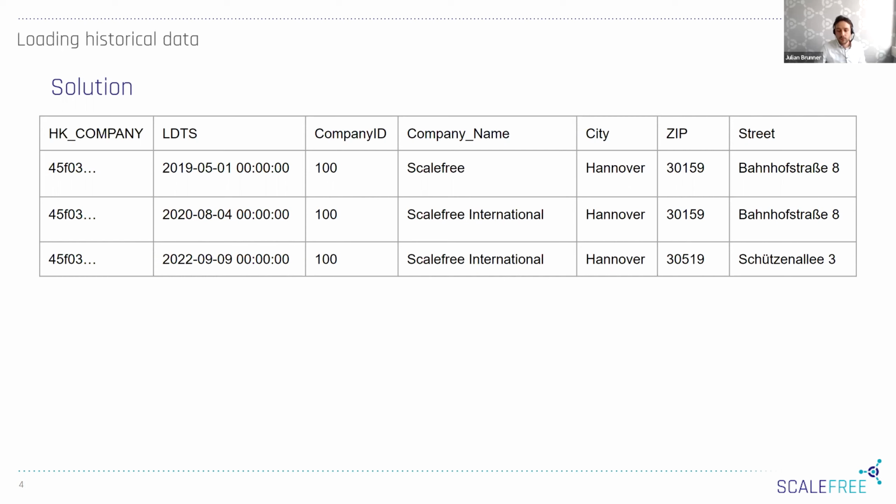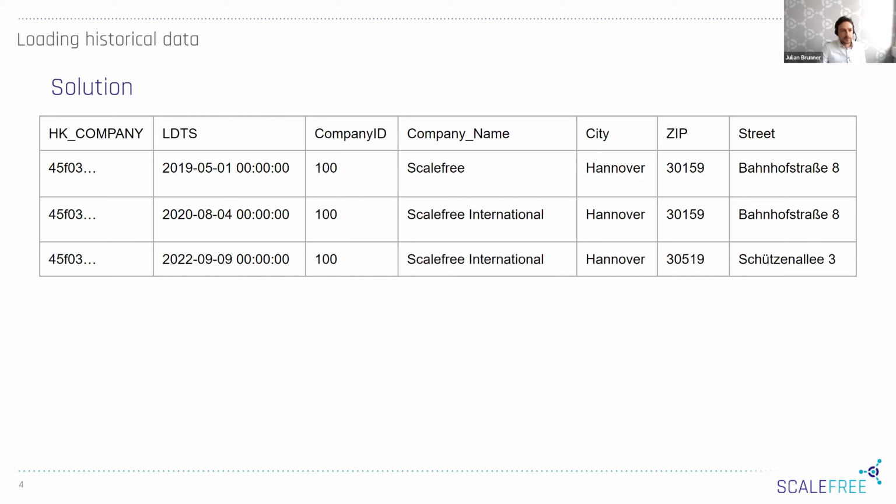Yes, sure. If you have the LDTS, the load timestamp, from, for example, a legacy data warehouse, you can use this one, of course. In my example, the question we received was that the source system generated or delivered complete history, which had the extracted date in place.